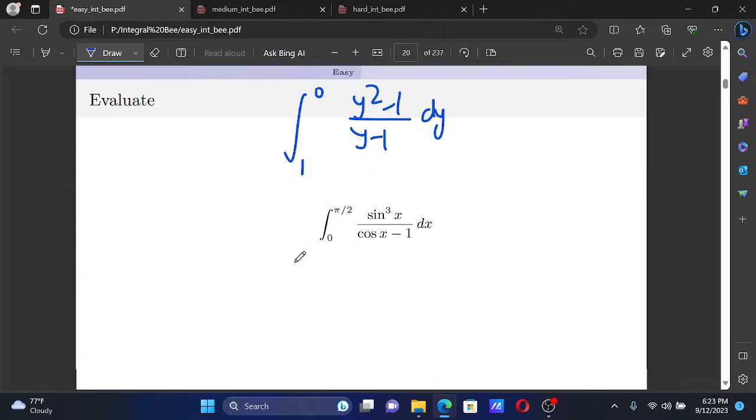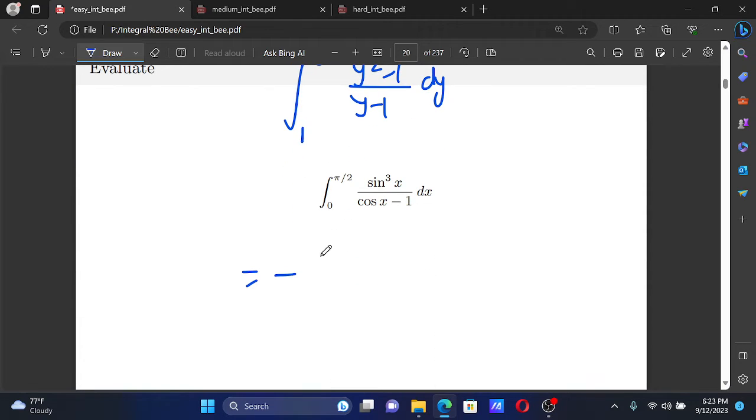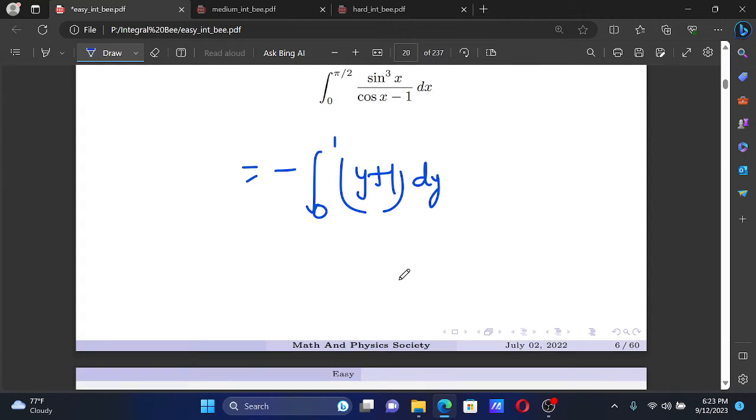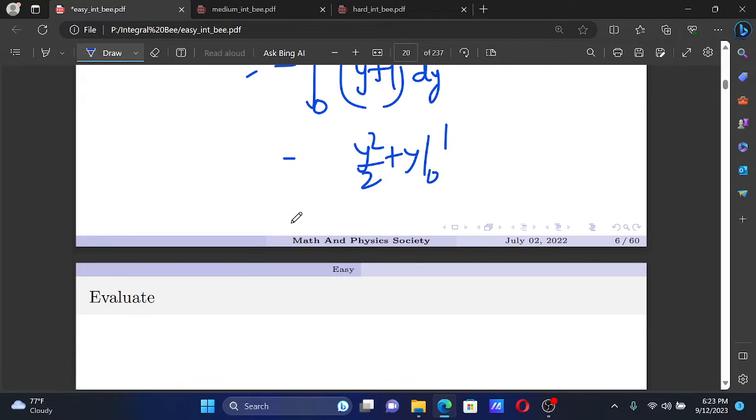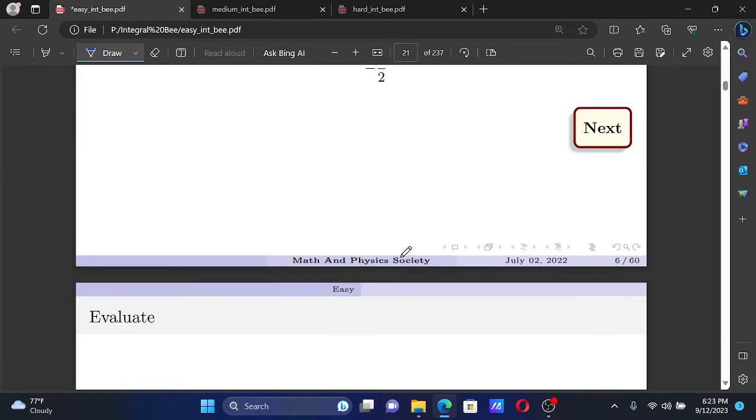Now you can use reflection on the limits of the integral, so that becomes 0 to 1 of (y plus 1) dy. And after this we have negative of (y square by 2 plus y) from 0 to 1, so that's negative of 3/2, which is the answer.